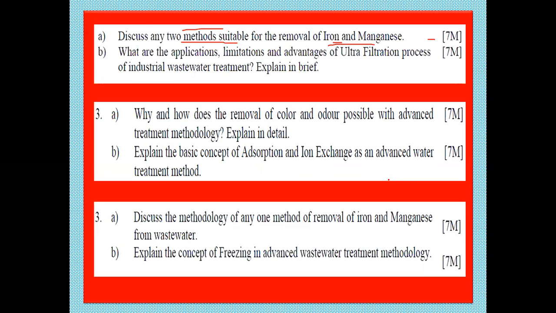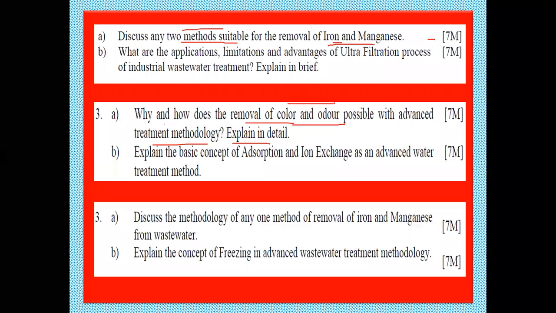Don't panic. Next, why and how is color removed? Color and odor removal is possible with advanced treatment methodology. In the morning we discussed how and why to remove color and odor in wastewater, and it should be explained in detail. First write color and odor, then the classification.